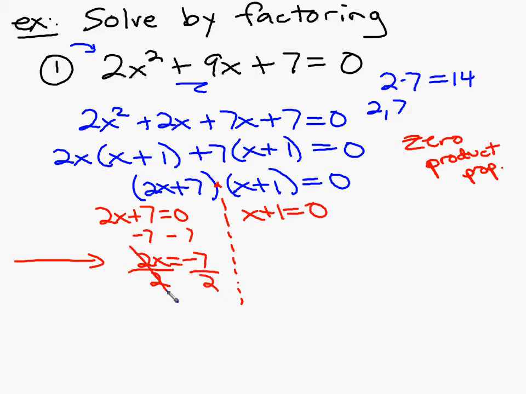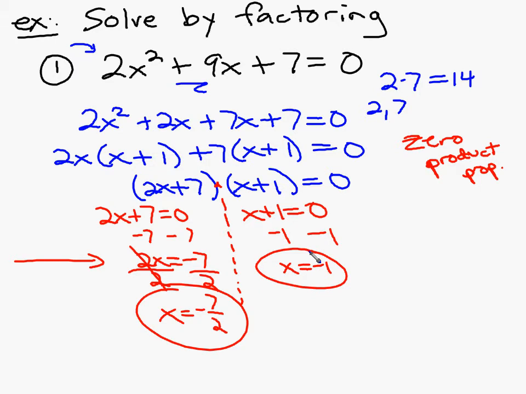Some of you got your numbers flip-flopped. Instead of 10 over 6, you had 6 over 10. So don't skip that step. My first solution is -7/2. This one's easier. x equals -1. So I have 2 answers. All right? And let's go to the next example.